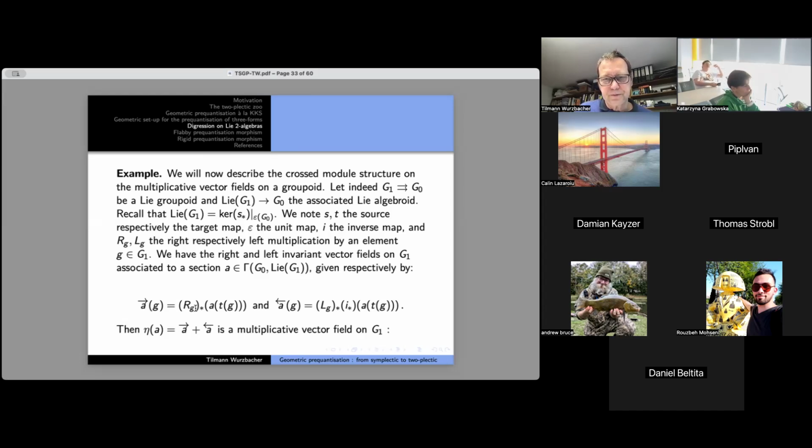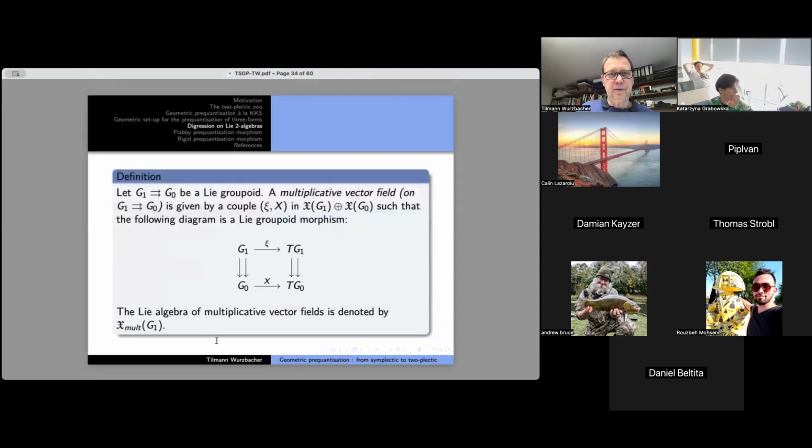In the other direction, I intertwine an inverse. This makes me get a plus here. Other people have a minus here. And then the sum of the left and the right invariant vector field is what is called a multiplicative vector field. And I recall the definition.